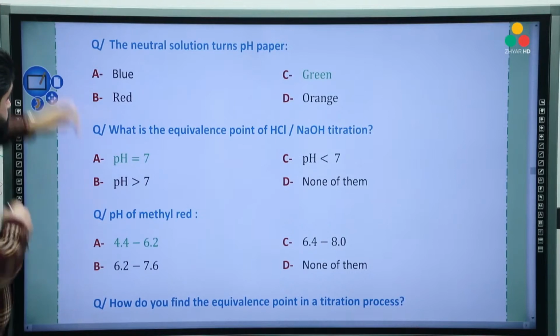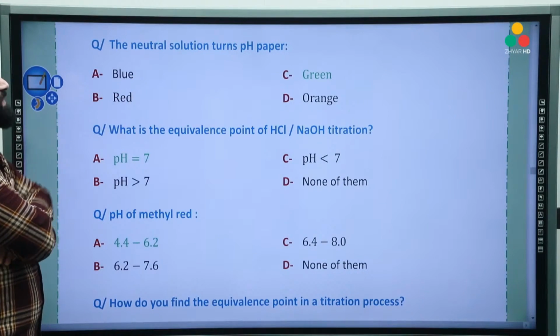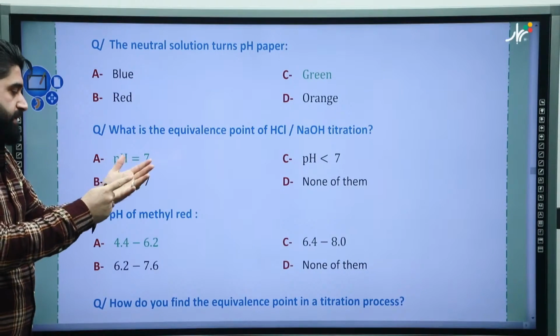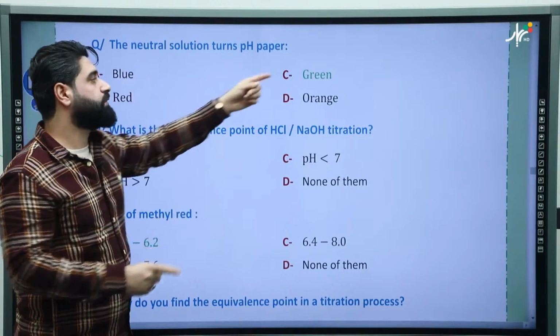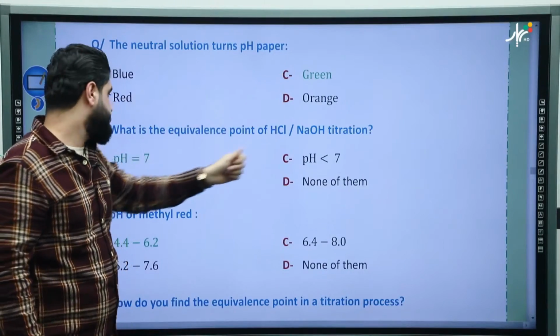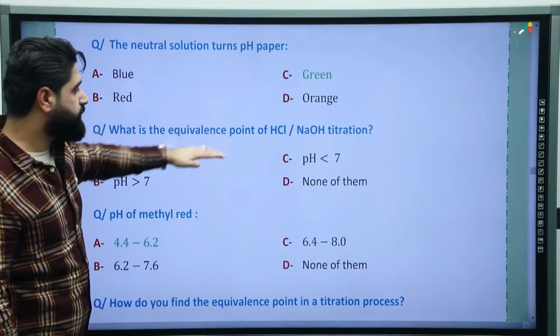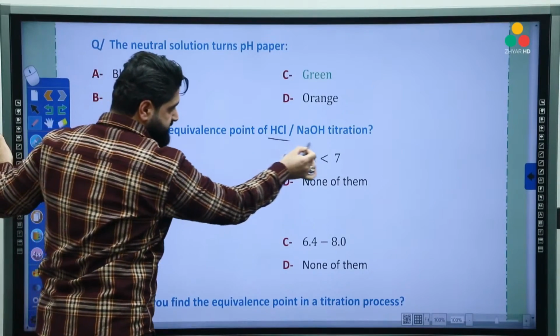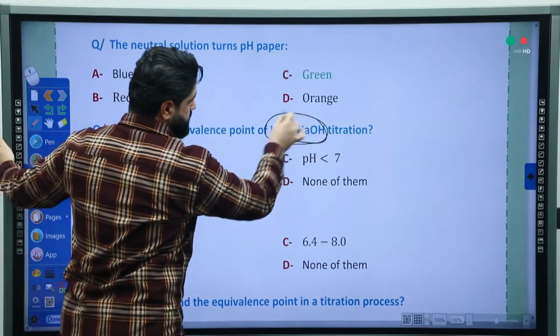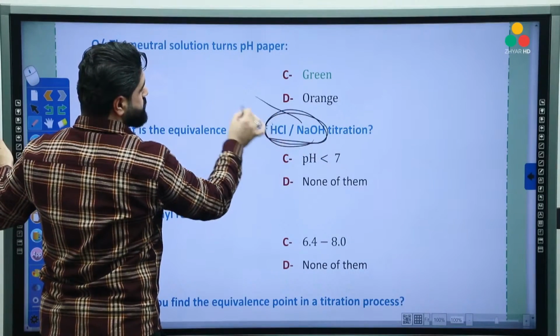The neutral solution turns pH paper green; acid is red, base is blue, neutral is green. What is the equivalence point between HCl and NaOH? Both are strong.